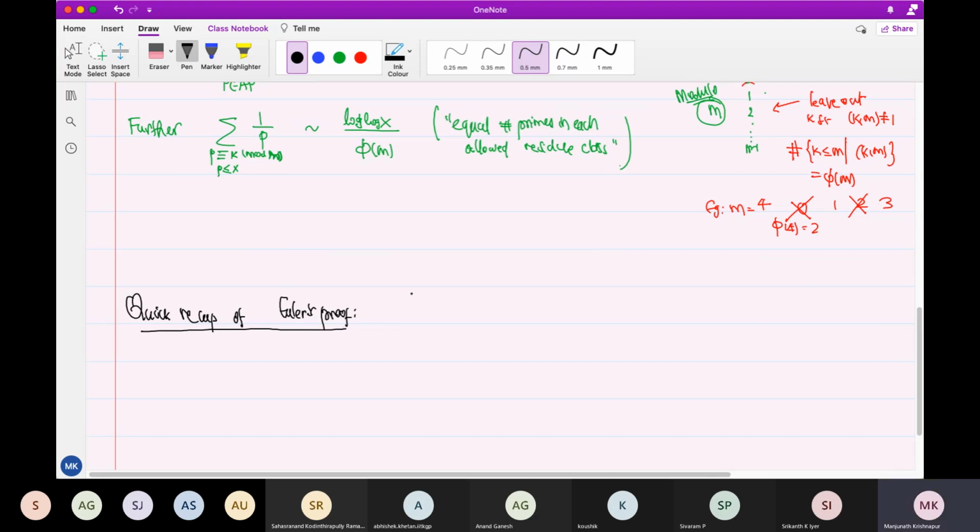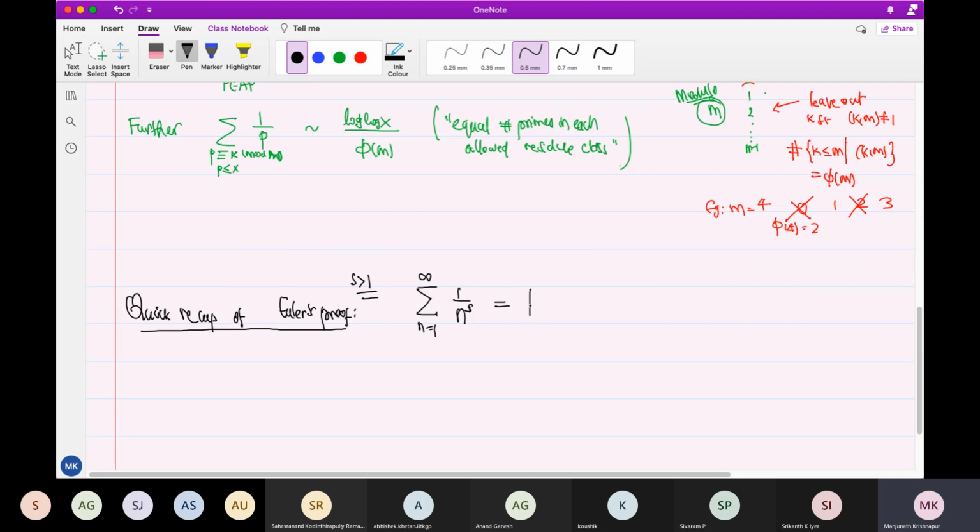So the great formula that Euler started with is the following, that you can consider the sum of 1 by n to the power of s. So you can take s to be bigger than 1 so that this is convergent. Okay.